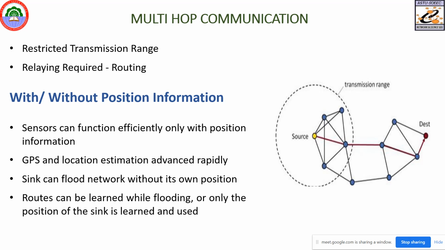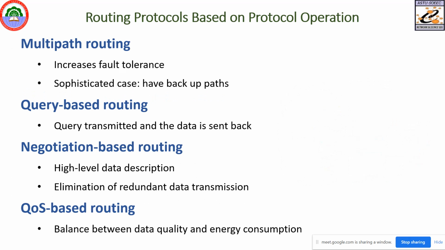If the position information is available with the help of GPS or some other technology, then routing can be performed very efficiently, as the location of the destination node is known to the source node. So in this case we need another class of routing protocols, and based on the category we are going to have other categories of routing protocols.